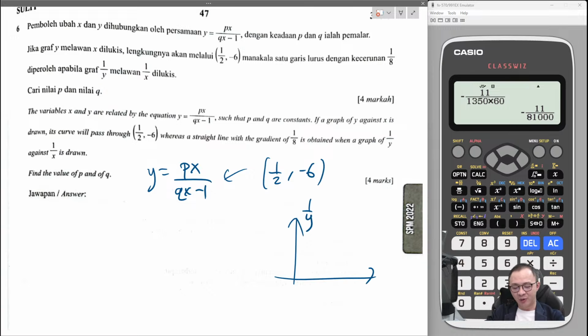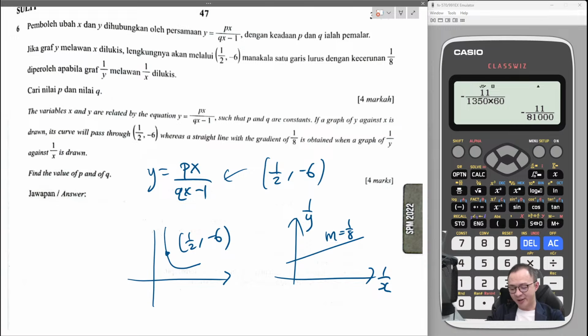One is 1 over y, this is 1 over x. This one you have the gradient 1 over 8. But this one, you might have a curve. And then this curve will pass through 1 over 2, negative 6, when this is the x and y axis. Do you see the difference between these two?